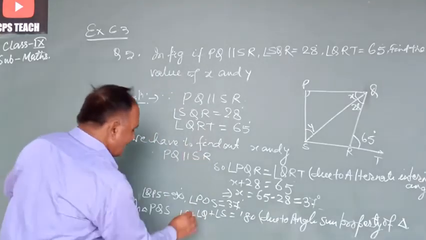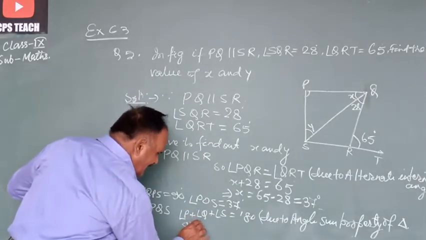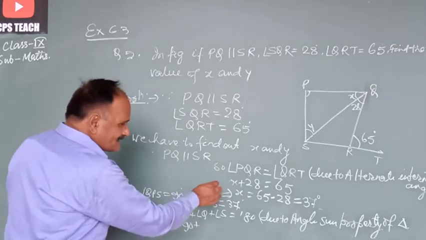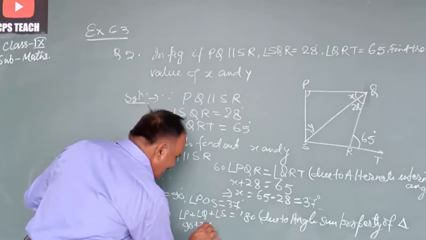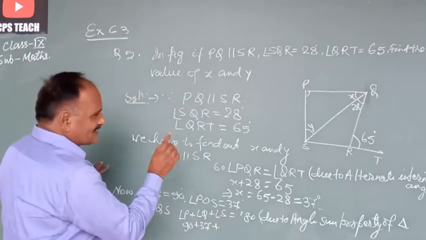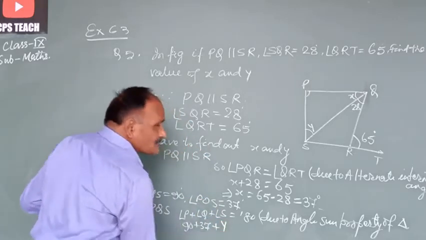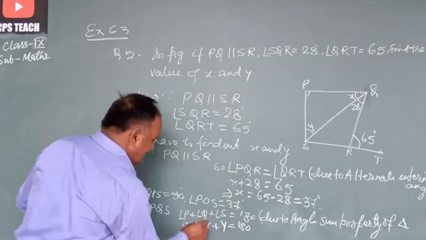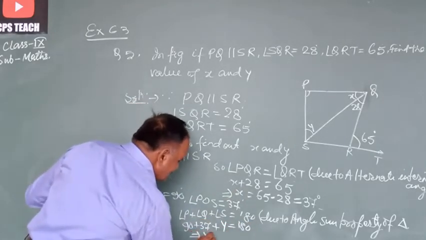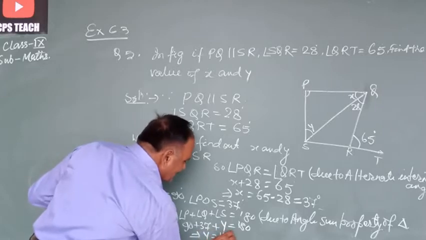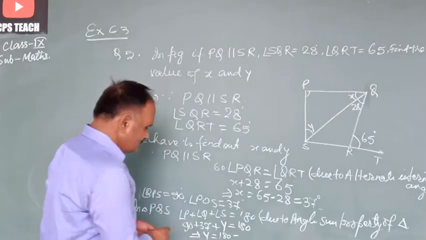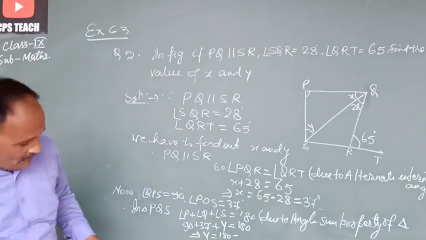Angle P is 90 degrees due to perpendicular, plus angle Q is X, that is 37 degrees, and angle S, that is Y, which we have to find out, is equal to 180 degrees.